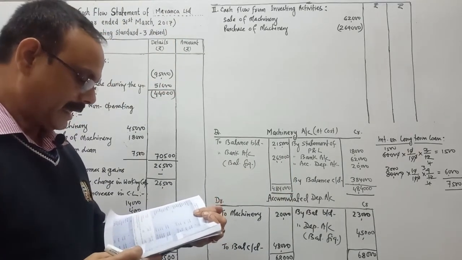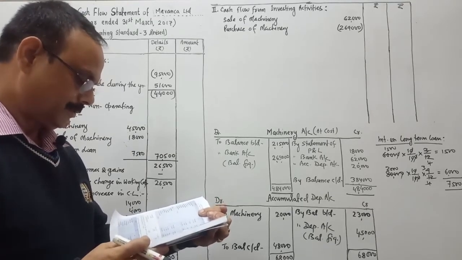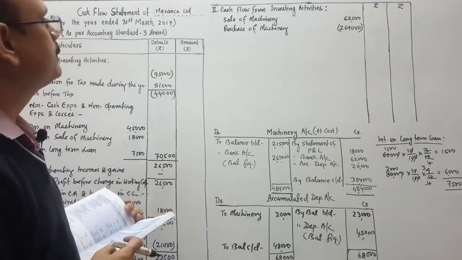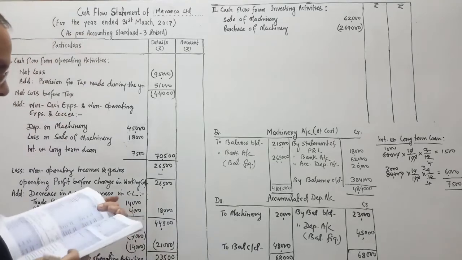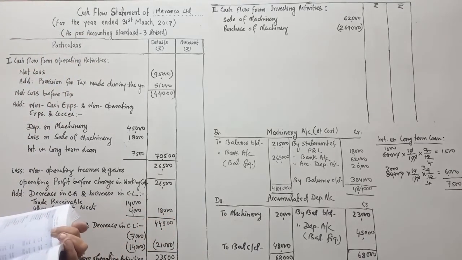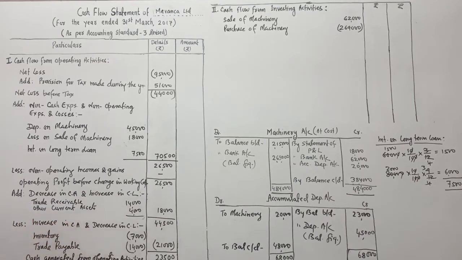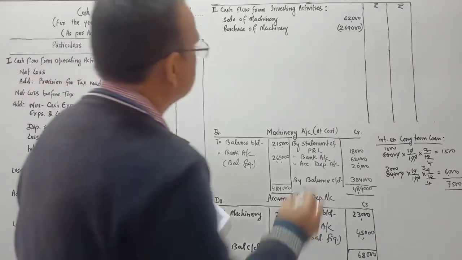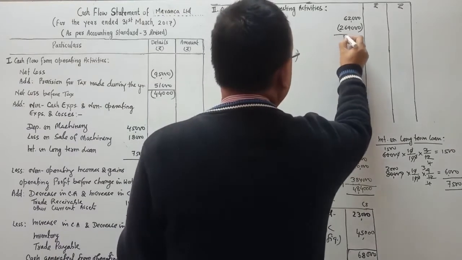And any other assets which we have purchased or sold related to investing activities? No? Only these two items are here.